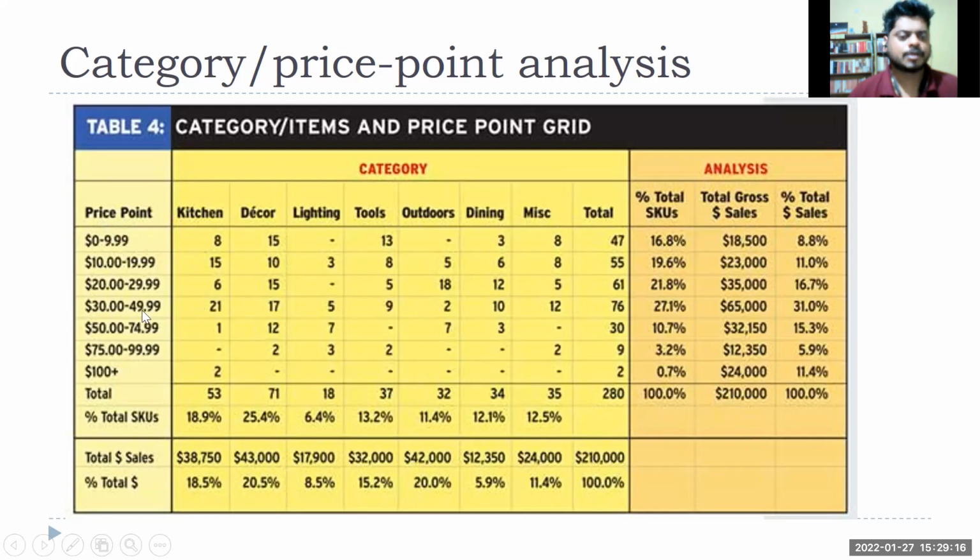Let's say the $30 to $49.99 total sales are $65,000. $65,000 divided by $2,10,000 gives you around 31%. That is how it has been calculated. Any questions or doubt on this?